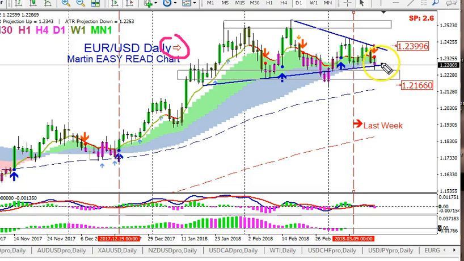Right now, we're looking for price to break higher, and if you think price is going to go higher, you could look at buys above 123.99 to the upside. If you think price is going to go lower, you're going to have to wait until price clears the previous swing low here in the support area, and you could look at possible sells below 121.66. That is for the Euro USD.